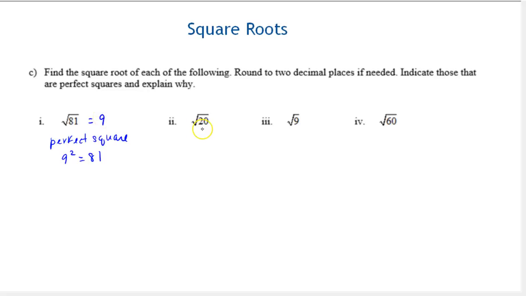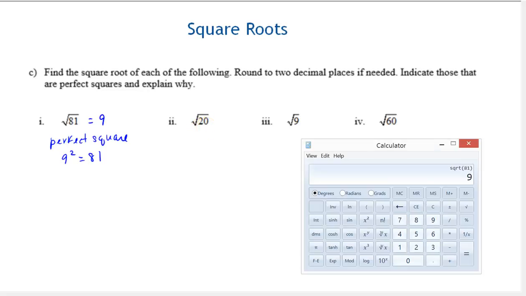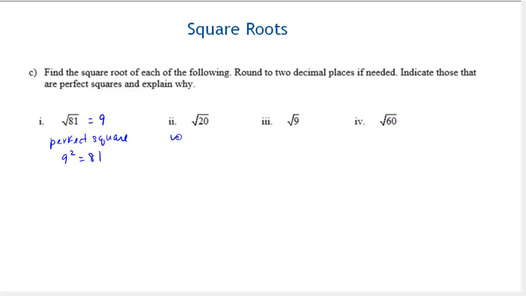Okay. Square root of 20. Well, I know 20 is between 16 and 25. Those are perfect squares. So this is not going to be a whole number, but let's see what it is. So we will round this to 2 decimal places. It's about 4.47. Okay, and it's not a perfect square.